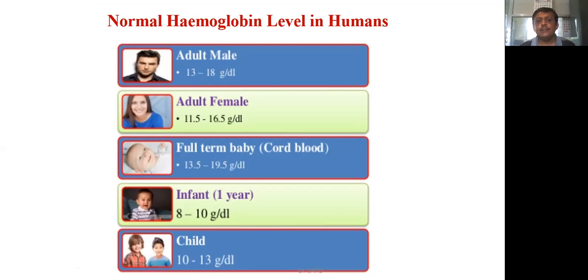In an adult female, it ranges from 11 to 16.5 gram per dl. In a full term baby, it is about 13.5 to 19.5 gram per dl. In infants, it is 8 to 10 gram per dl, and in children, it is 10 to 13 gram per dl. So these are the normal levels of hemoglobin found in various age groups and in various sexes of human beings.